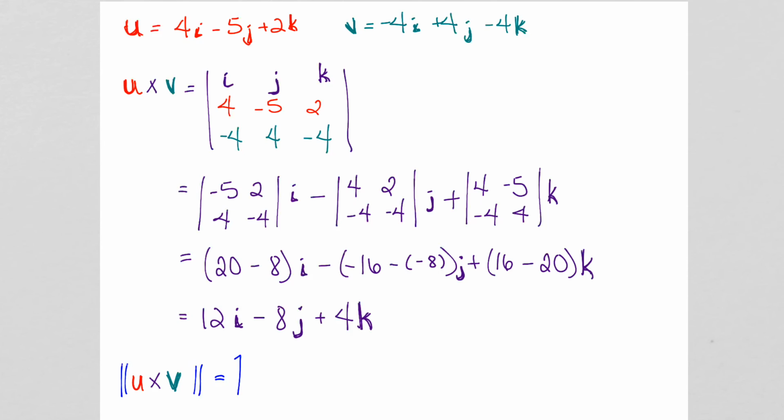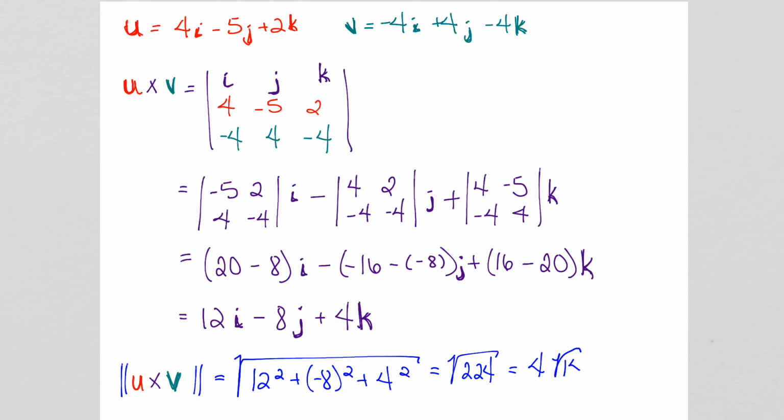Okay, so the magnitude is the square root of 12 squared plus negative 8 squared plus 4 squared. That's the square root of 224, which simplified is 4 square root of 14 square units, whatever our units are. And you could change that to duodecimal if that's what it asks for. But that finally concludes our chapter on vectors.